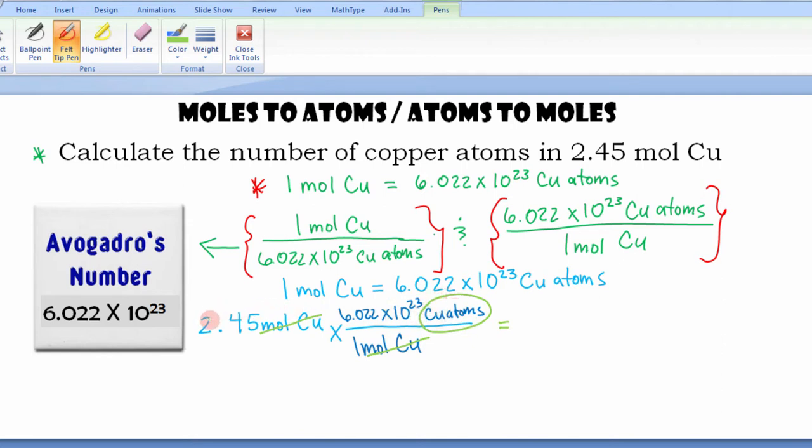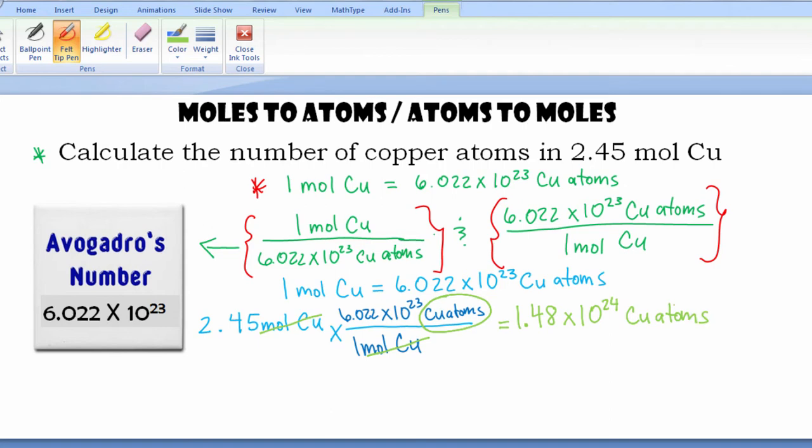So when I multiply 2.54 times 6.022 times 10 to the power of 23, I get 1.53 times 10 to the power of 24 copper atoms.